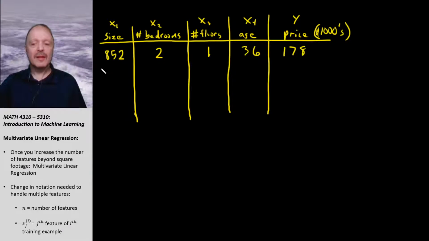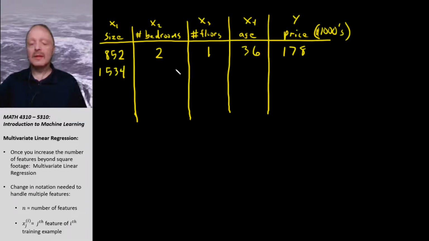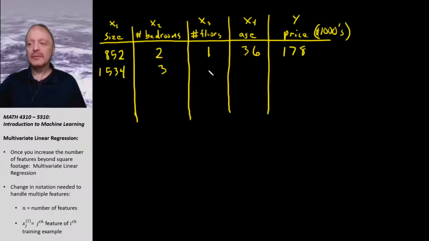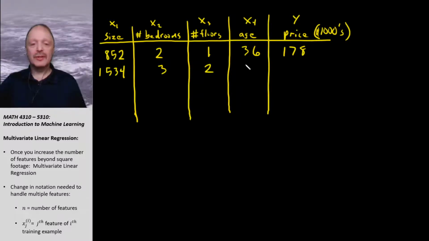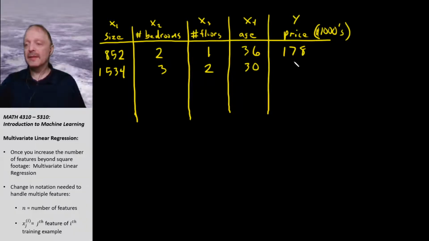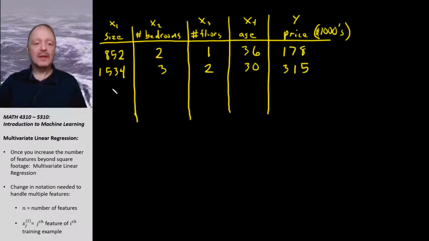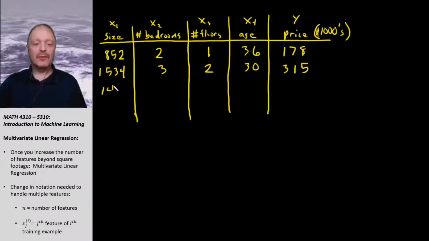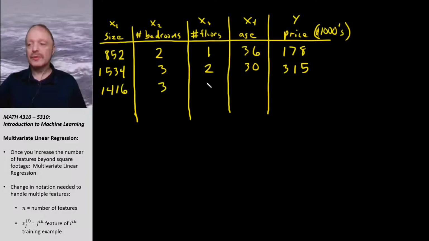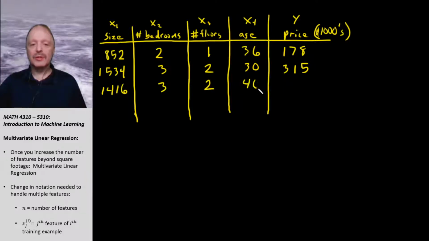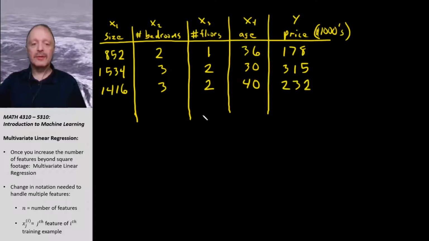Then 1534, 3 bedrooms, 2 floors, the age is 30, and that one costs 315,000. 1,416 square feet, 3 bedrooms, 2 floors, 40 years old, 232,000.